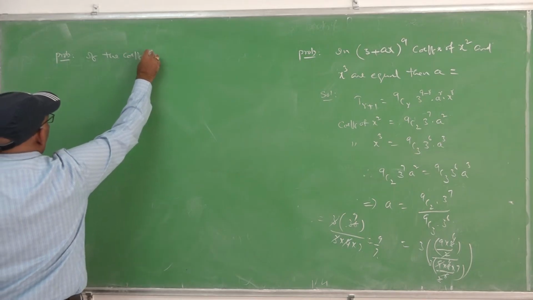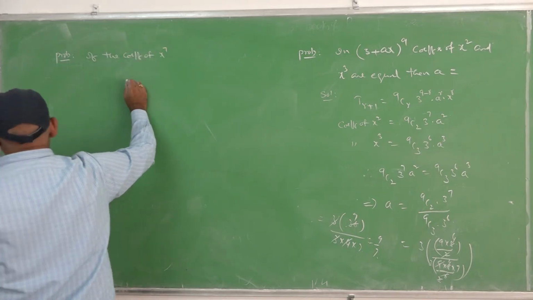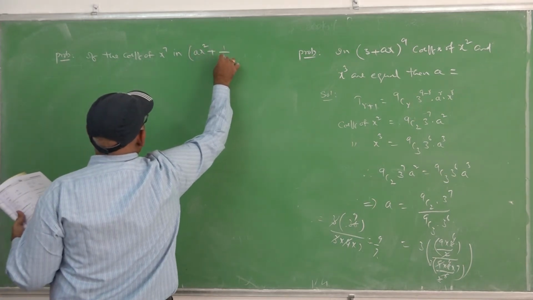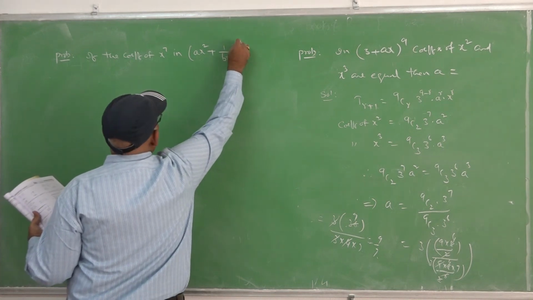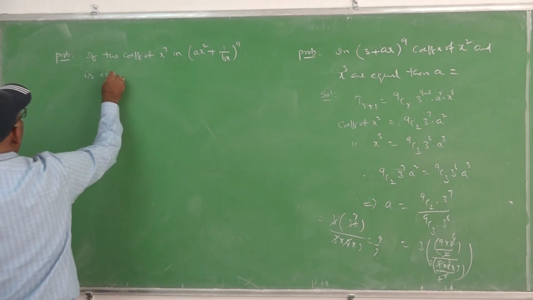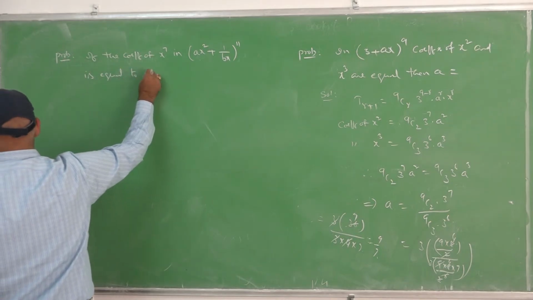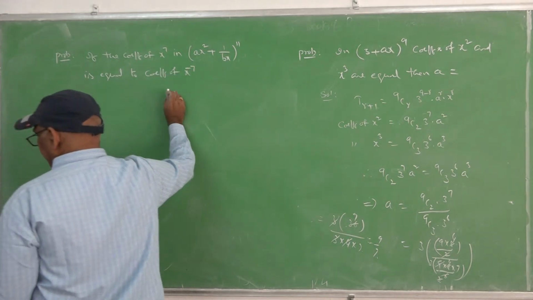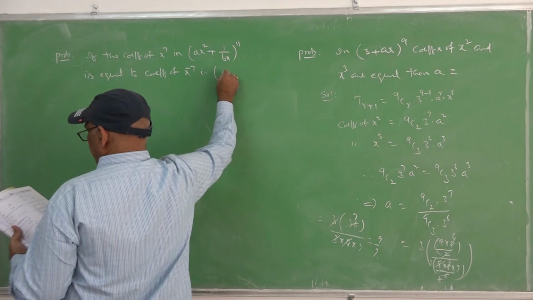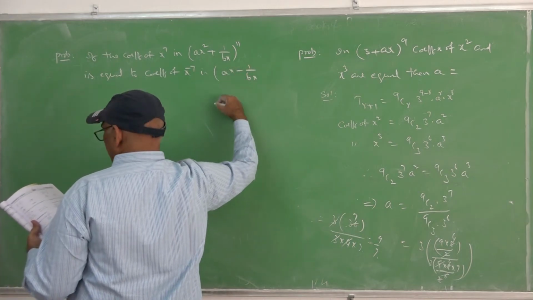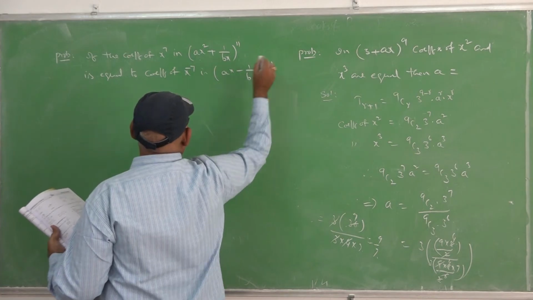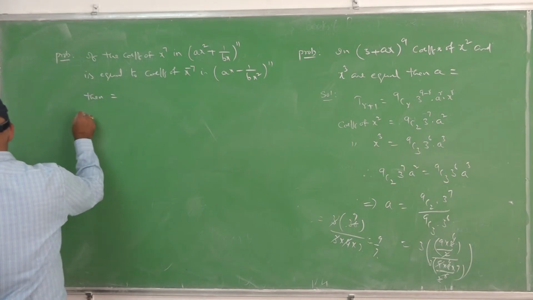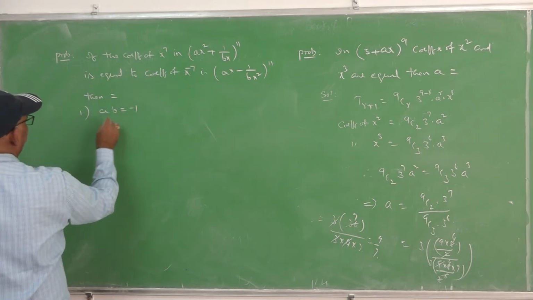If the coefficient of x power 7 in (ax square plus 1 by bx) whole power 11 is equal to the coefficient of x power minus 7 in the expansion (ax minus 1 by bx square) whole power 11, the indices are the same but the expansions are different. Then which relation follows between a and b? That is the question here.